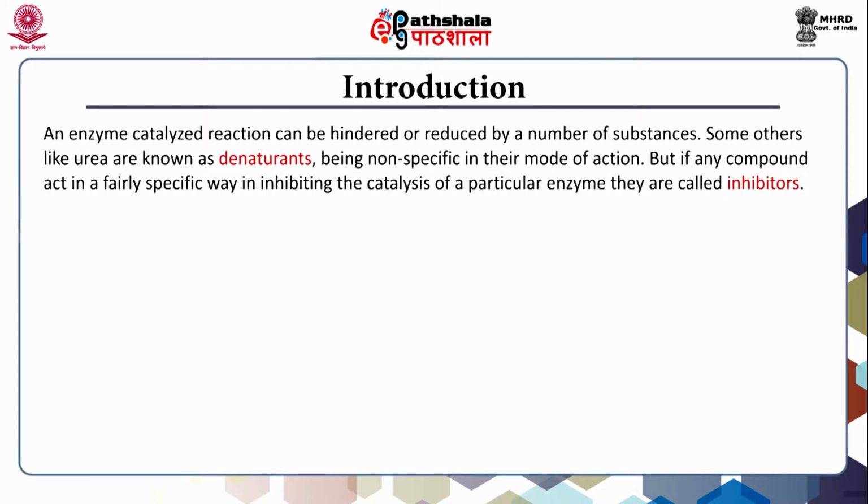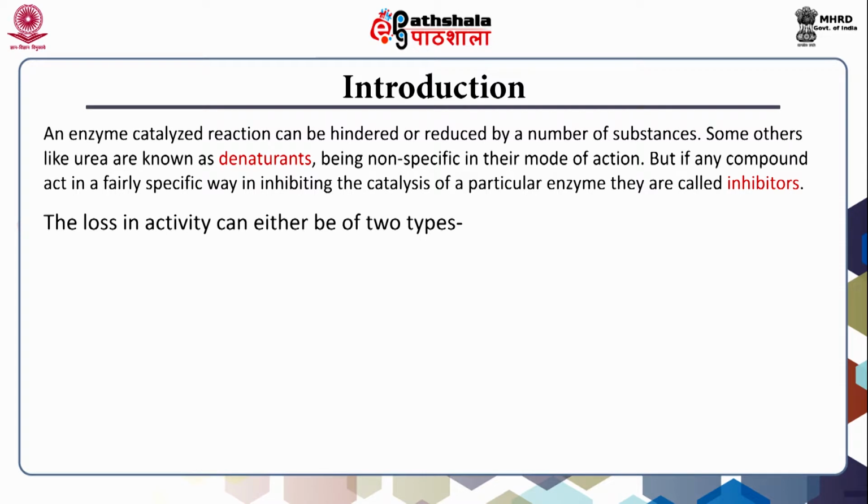An enzyme catalyzed reaction can be hindered or reduced by a number of substances. Some others like urea are known as denaturants, being non-specific in their mode of action. But if any compound acts in a fairly specific way in inhibiting the catalysis of a particular enzyme, it is called an inhibitor.